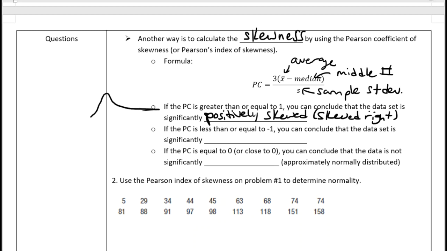You see how that right tail is longer than the left tail? This is skewed right. Skewed left is when the tail on the left side is longer. So it's no longer symmetric. If the Pearson coefficient is less than or equal to -1, make sure you make that correction. I think in your notes it says 1, it should say -1. Then it's negatively skewed.